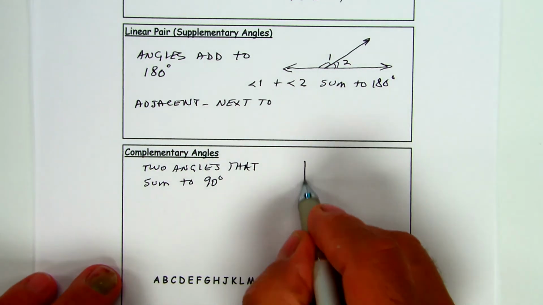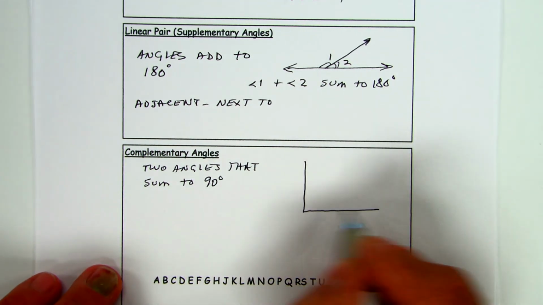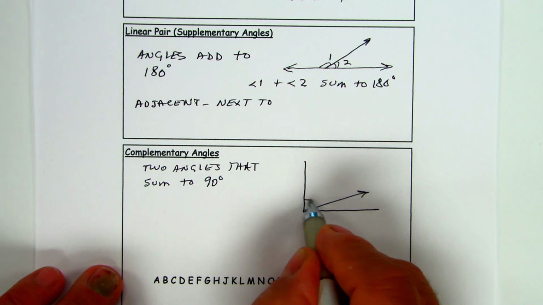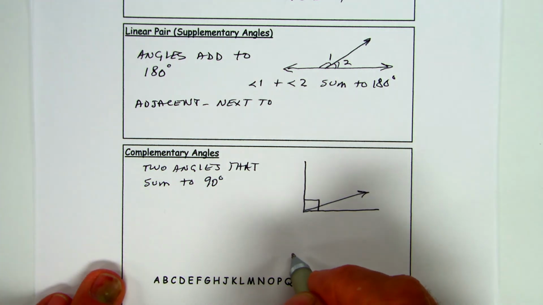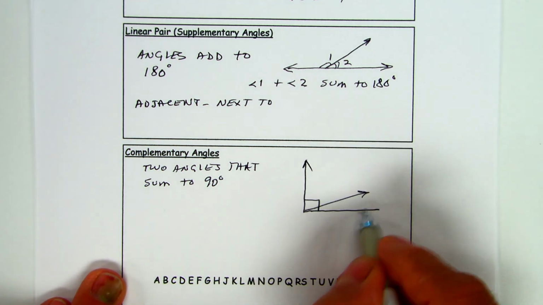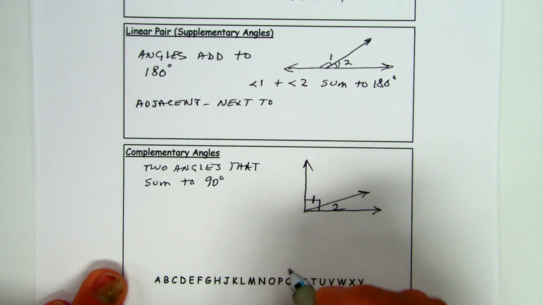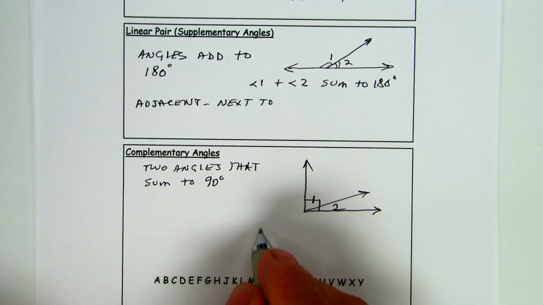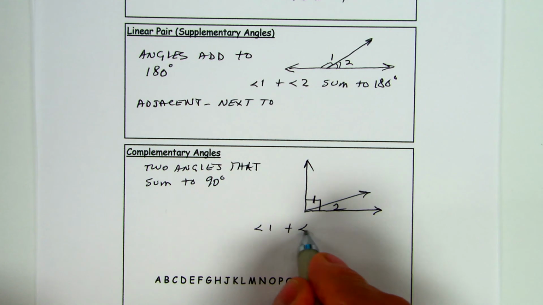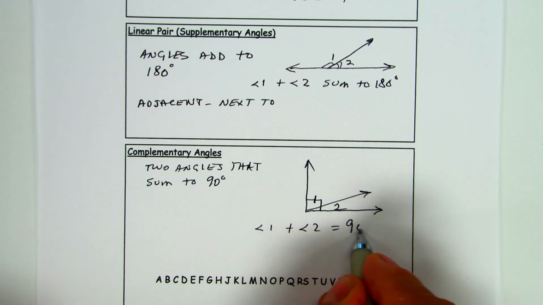So if we had something like this, we had an angle here, this was 90 degrees, and we had angle 1 and angle 2. So we would say that angle 1 plus angle 2 was equal to 90 degrees.